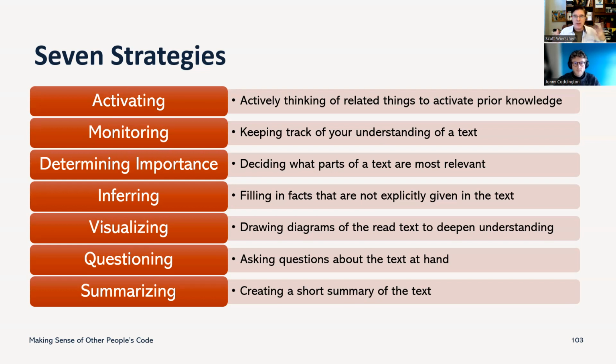You're going to visualize. You'll draw diagrams in your head or read text to deepen your understanding. You'll question, what does this mean? Why is this important? Come up with the questions that will naturally come up as you're reading it. Finally, you're going to summarize for yourself what I just read, so I can remember it.